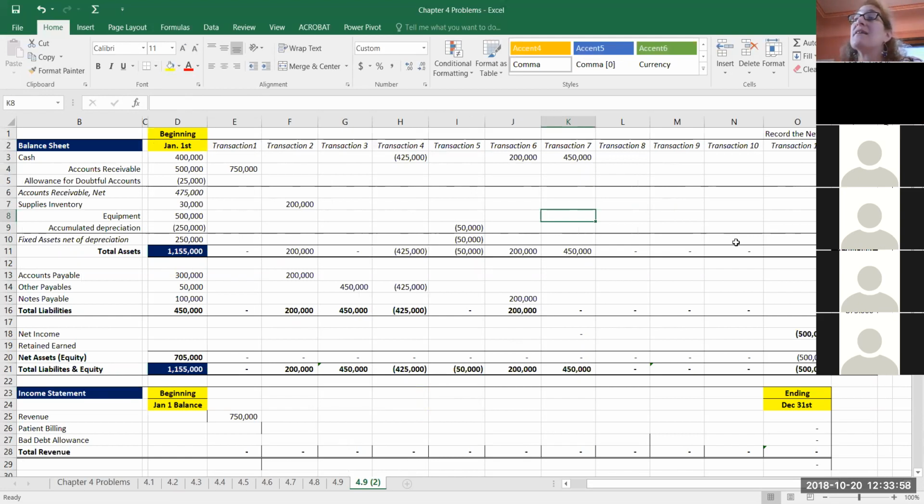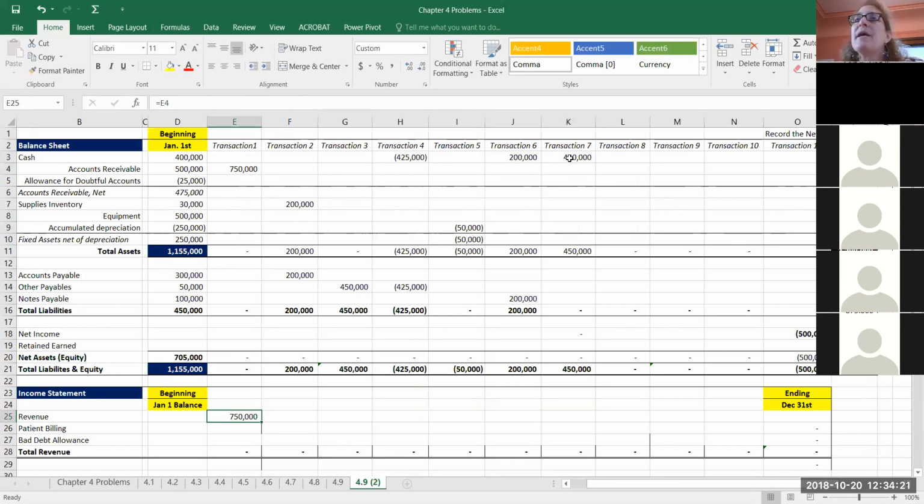So what we said is we provided $750,000 worth of service to patients, okay? And we recorded that on our P&L as our sales, because that's what we did. We provided that service. We are owed that money, right? That doesn't change. Our P&L does not change. It's still $750,000.